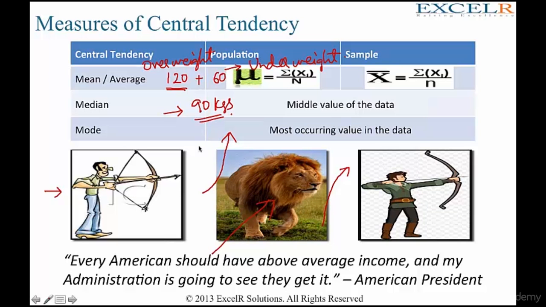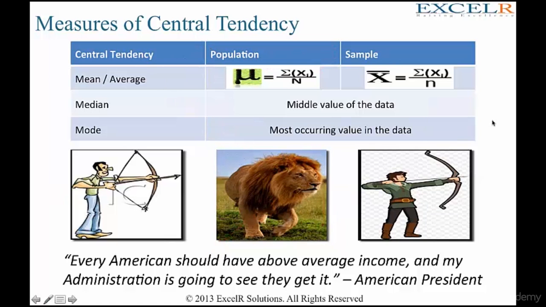All right. This is just a funny example that I wanted to bring. And give a serious thought to this. "Every American should have above average income, and my administration is going to see they get it." This was quoted by a famous American president a few years back. How can you have all the values above average income?